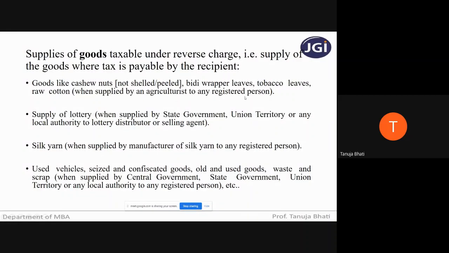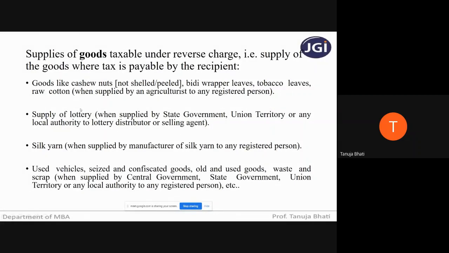Now here the supplier is the agriculturist, the recipient is a registered person. Now who will be liable to pay tax to the government? It will be the recipient, that is the registered person who has purchased these products.